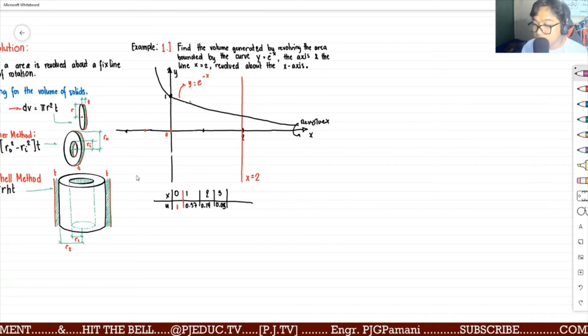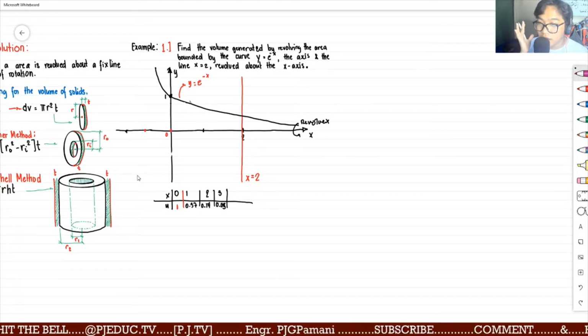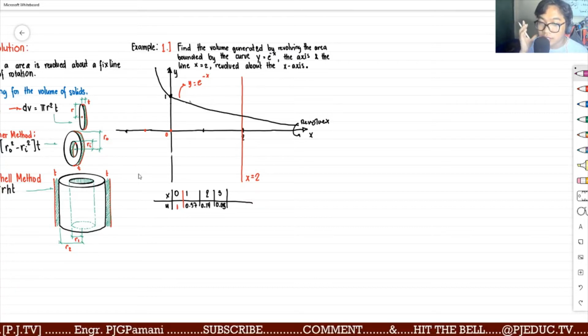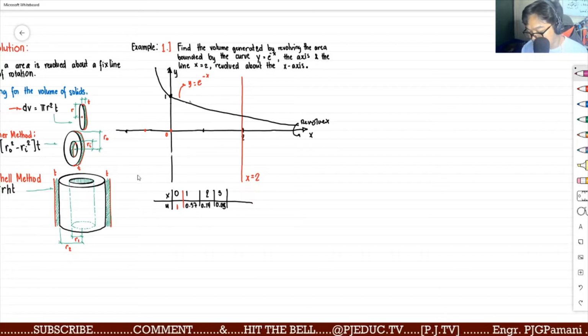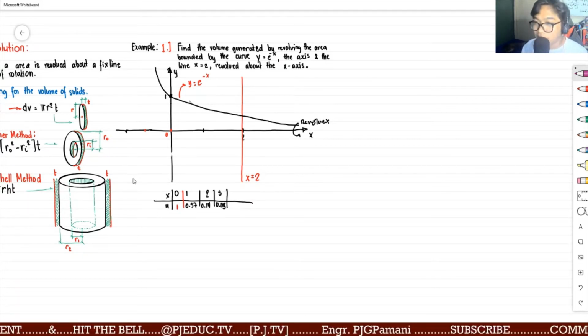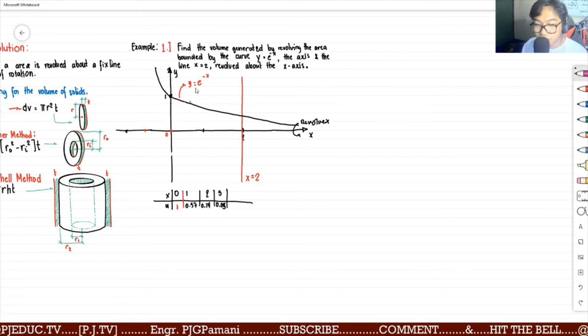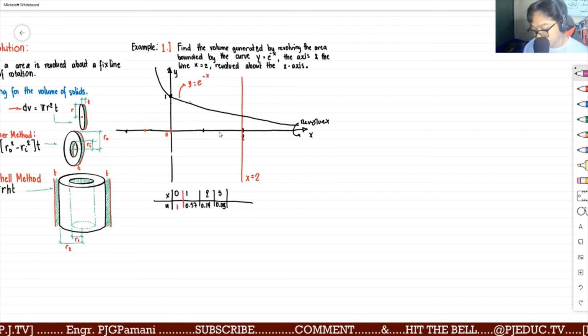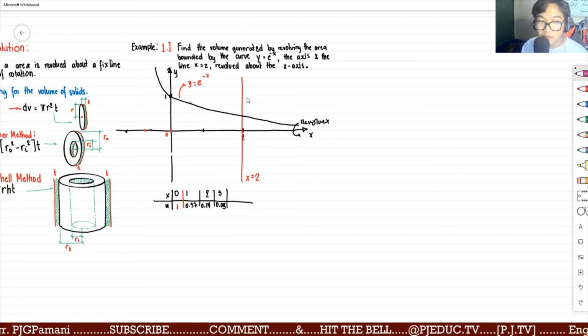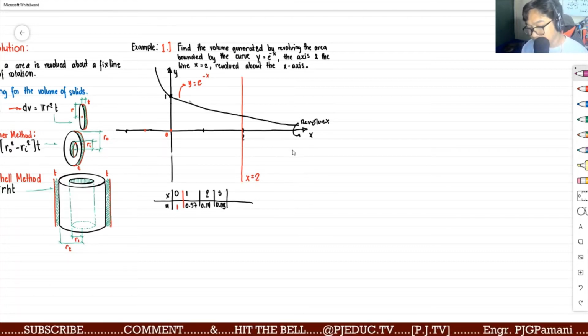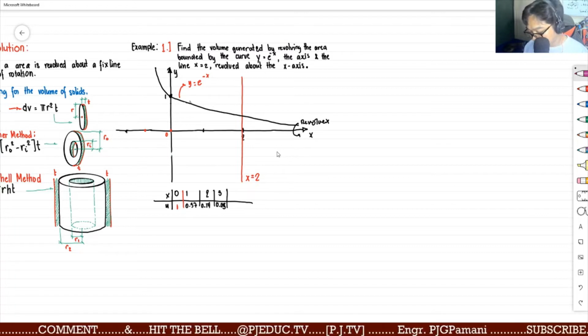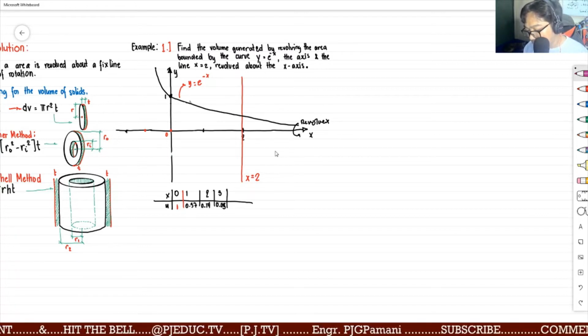So, pag cylindrical shell method, we need to identify the inner radius first, as well as the outer radius of the cylinder. With this, we need to project a solid cylindrical object on the axis at which this curve will revolve. Remember again that the curve will revolve about the x-axis. Pag cylindrical, we need to use a horizontal element.